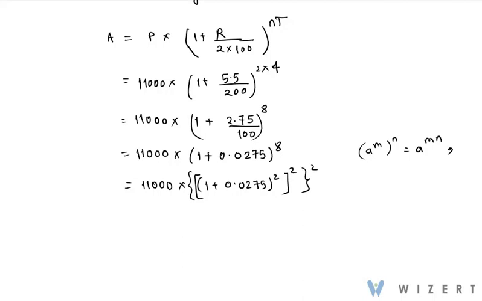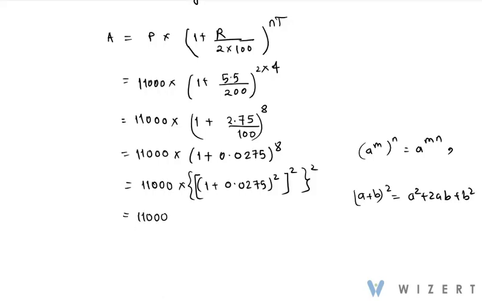And we can solve each bracket one by one using the identity (a plus b) whole square. So (a plus b) whole square is a square plus 2ab plus b square. Let's solve the first innermost bracket.